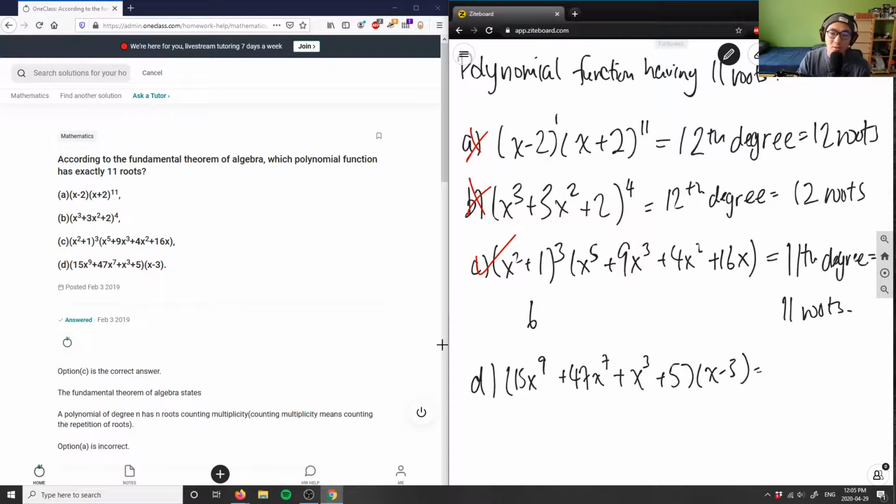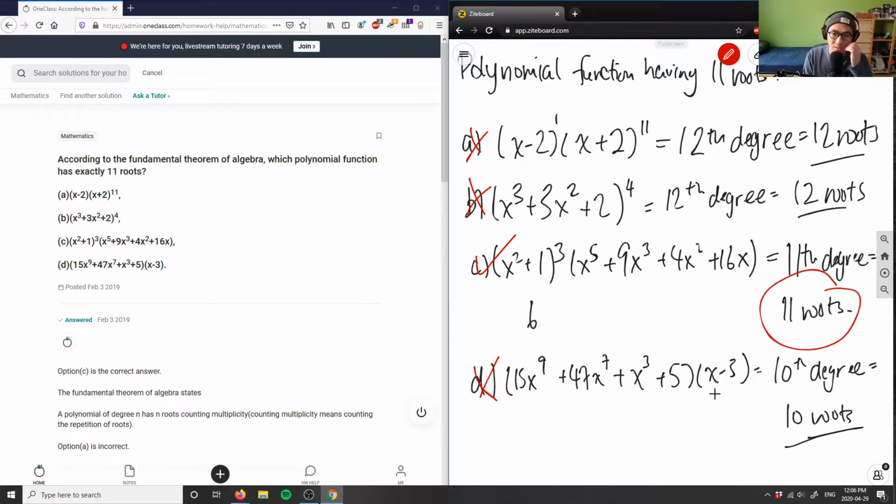The highest degree in the first factor is 9, and the degree of the second is 1, so 9 plus 1 gives me the 10th degree, which means 10 roots. So A would give 12 roots, B 12 roots, D 10 roots, and finally C gives us 11 roots. So C is our correct answer because it gives us 11 roots.